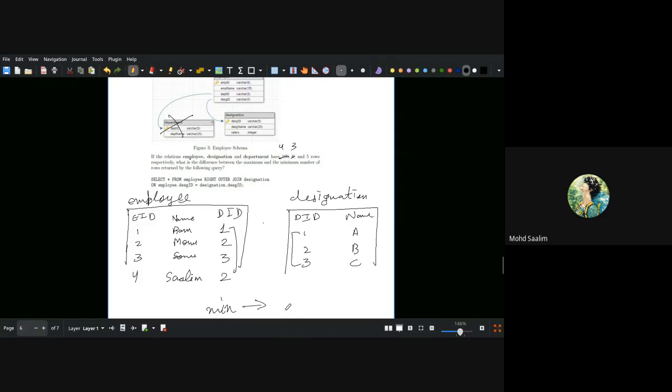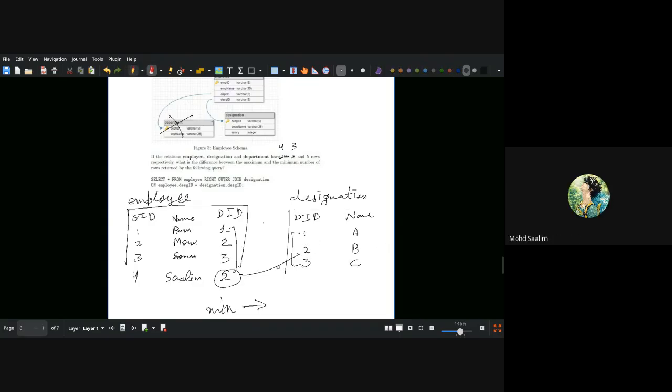But in simple words, in the second condition, because this is a right outer join, no? So there is nothing in the right, so it will... No, no. This time it is making a join, right? So we don't need that null type of thing. It will make a join with this designation.